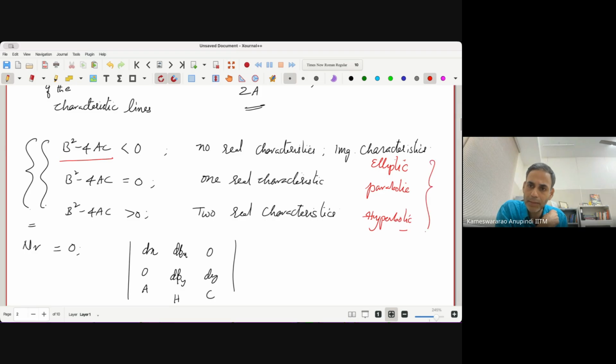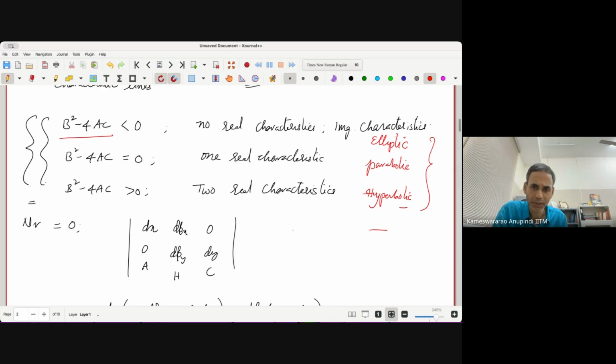These names are derived from the similarity of this discriminant to the conic sections that you might have learned. In conic sections also you get a similar discriminant, and depending on how you cut a cone, you end up with an ellipse, a parabola, or a hyperbola. That is the only resemblance these names have to the PDEs.